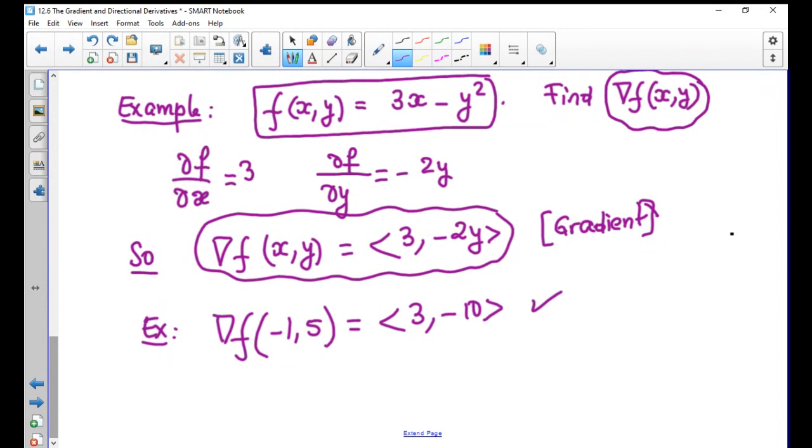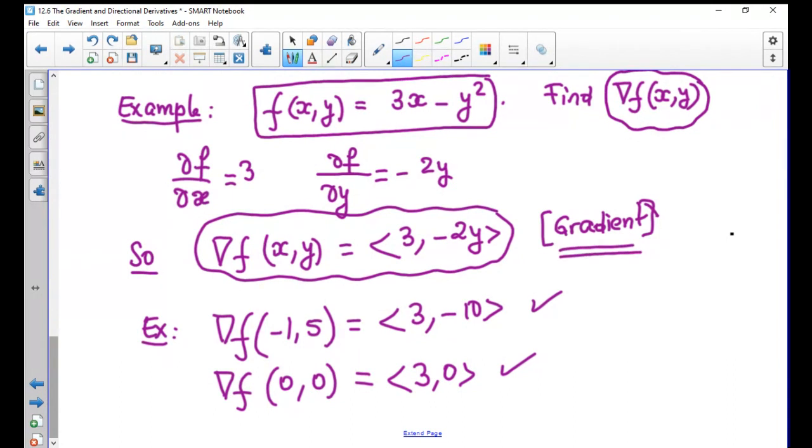So the function has a gradient at every point. What will be the gradient of this function at (0, 0)? (3, 0), exactly. So we get different vectors. At every point, you get a vector which is called the gradient of the function. For a function of two variables, it's like this.